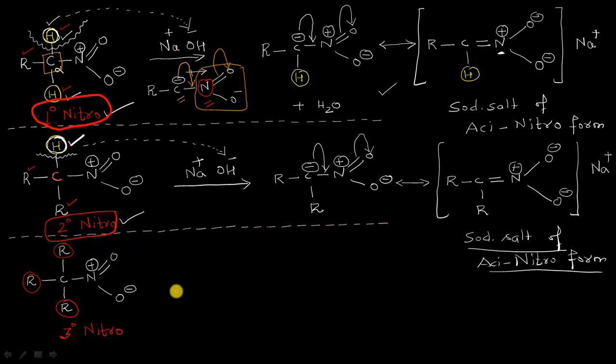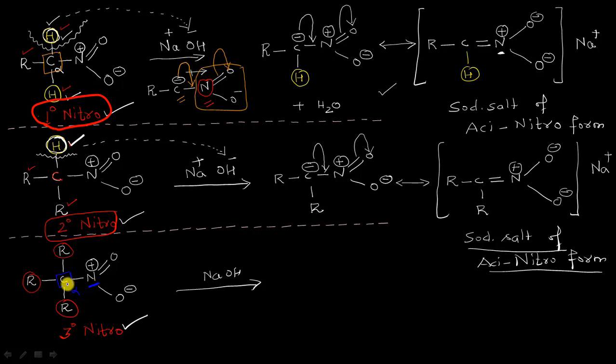And now it is time to see what will happen if we add the same base, that is NaOH, to our tertiary type of nitro compound. Now you can see here our tertiary nitro compound does not contain any hydrogen atom on the alpha position, I mean alpha to the nitro group.